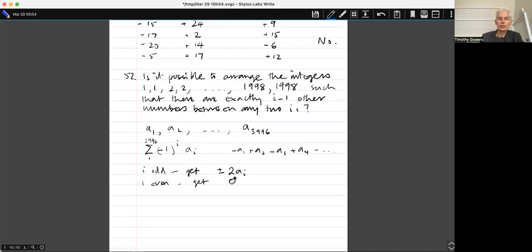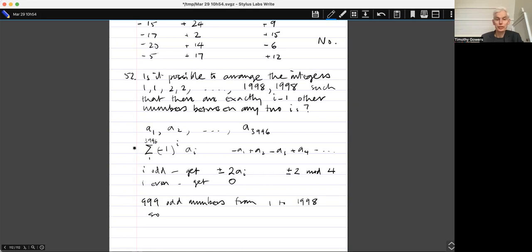that, if we get plus or minus 2 a_i, and a_i is odd, so we get plus or minus 2 mod 4, and how many odd numbers are there between 1 and 1998? It looks like 999 of them, because 1998 is twice 999, so 999 odd numbers from 1 to 1998.